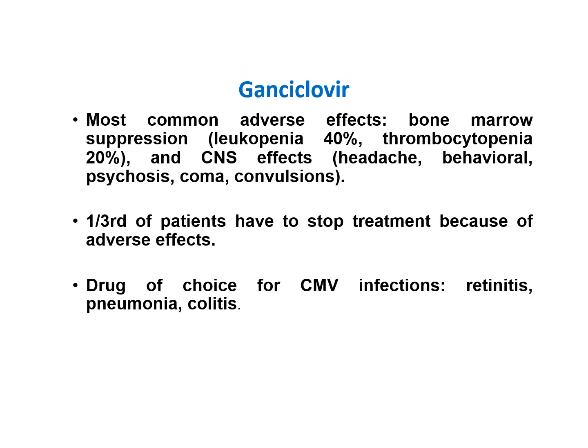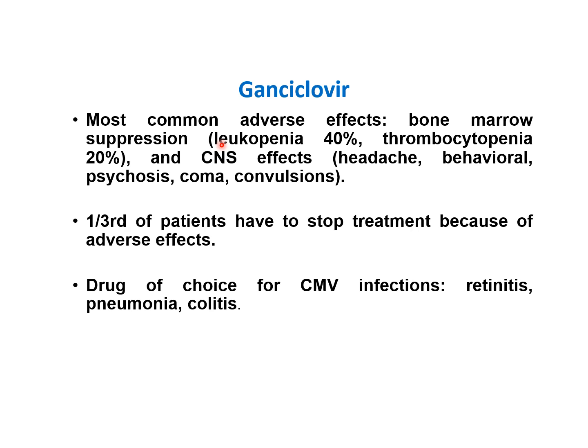With regards to side effects associated with ganciclovir, we can see some serious adverse effects. The most common are bone marrow suppression: leukopenia in 40% of individuals and thrombocytopenia in 20%. That's why this drug actually has a black box warning, because of these serious side effects. Also, it is a potential human carcinogen.